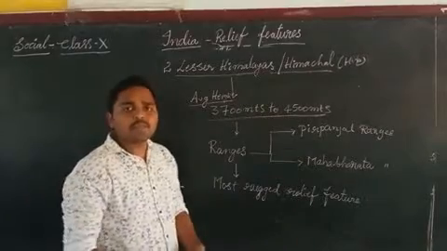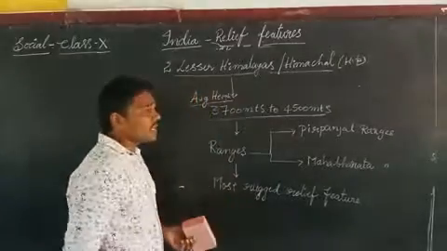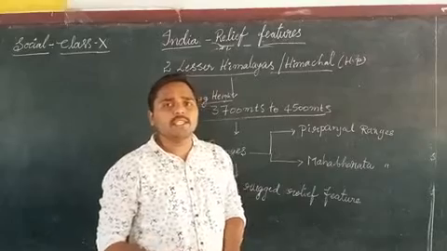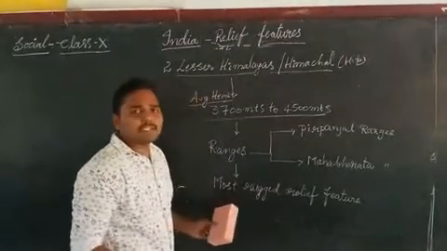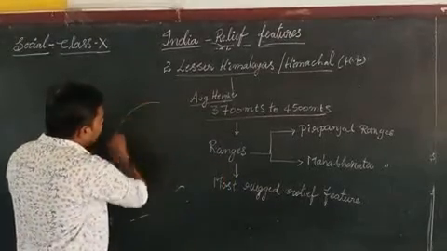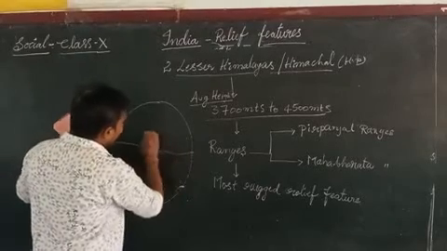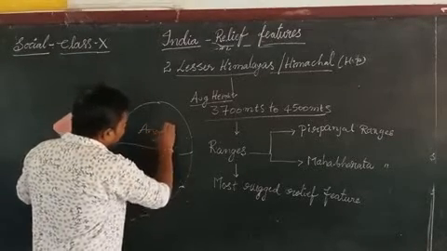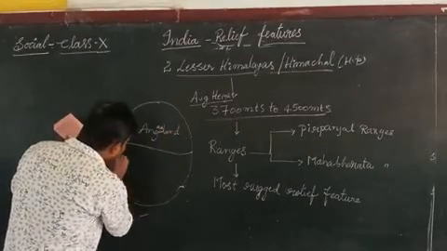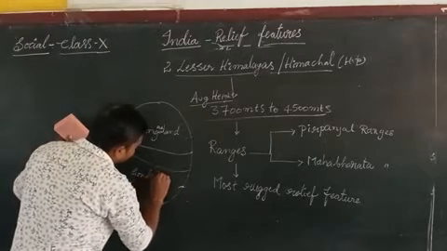In the previous class we discussed the Angara and Gondwana land. The northernmost part is called Angara land, and the southern part is called Gondwana land.